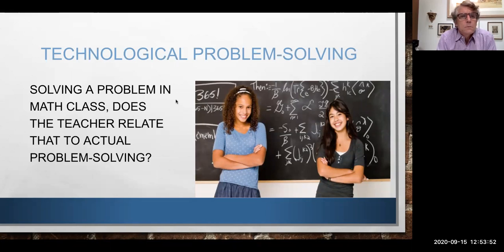So I'm going to not read the headlines because they're always the same thing. Technological problem solving. Solving a problem in math class. Does the teacher relate that to actual problem solving? When you guys are typically doing a math problem, does your teacher set it up in a way that it has real world applications? Yeah. Okay, like what's an example of that?